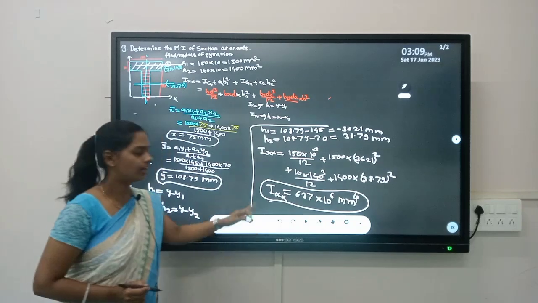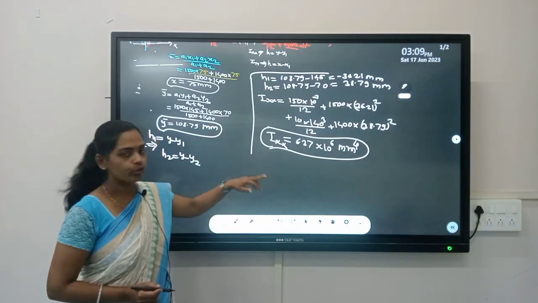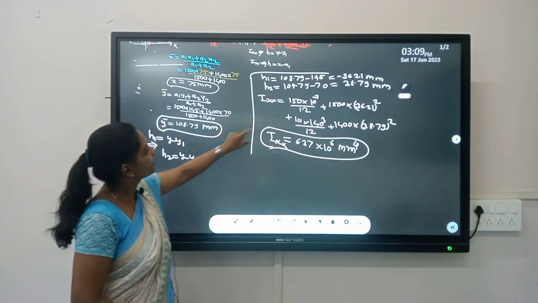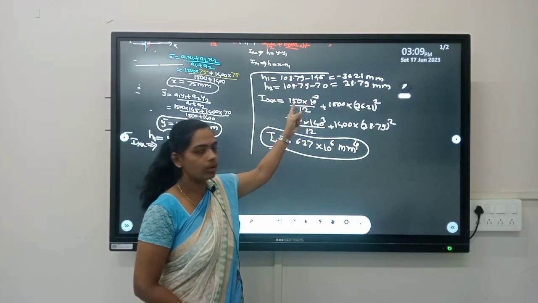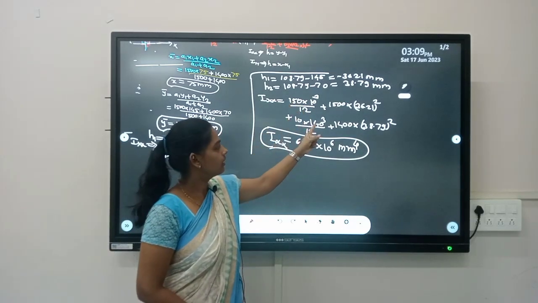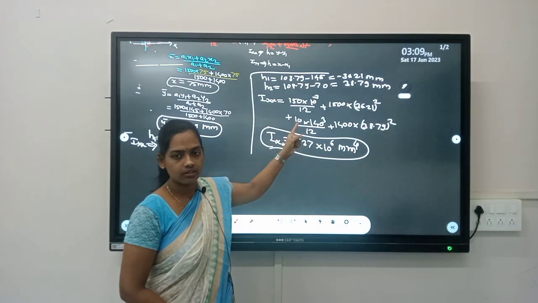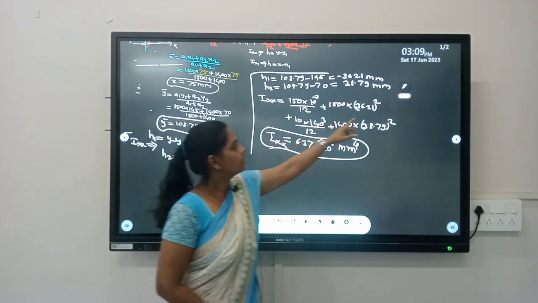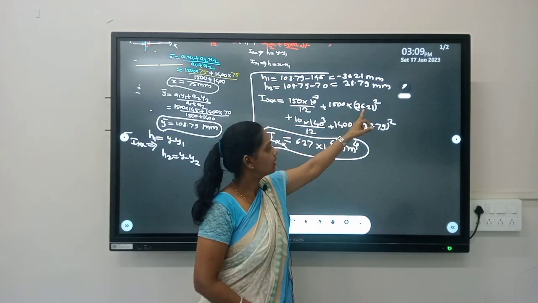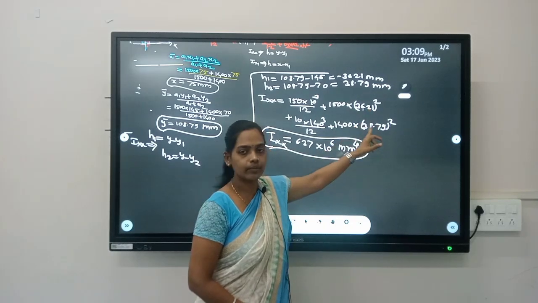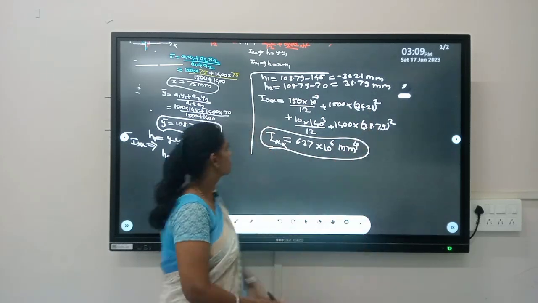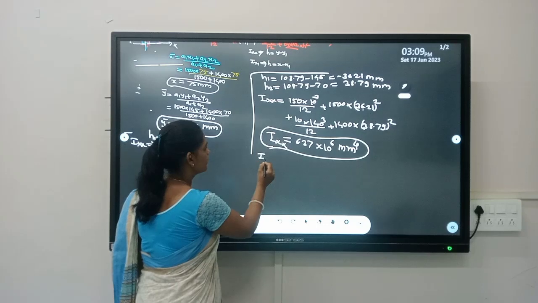Similarly, we can calculate value of Iyy, but what will be the difference? Here depth will be for 150 and here cube will be for 10. The value alters and the deduction of x bar minus x1 and here x bar minus x2 will be there. That will be the difference. So, we will calculate also Iyy.